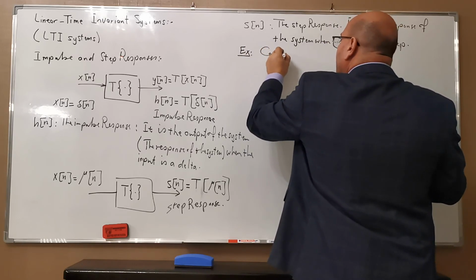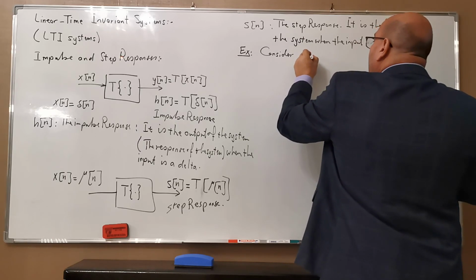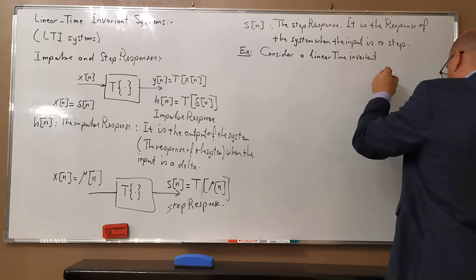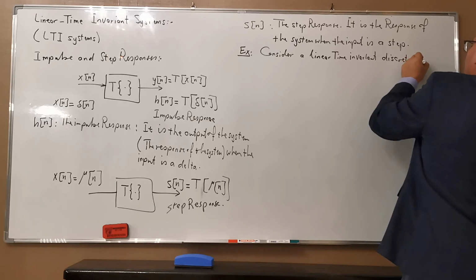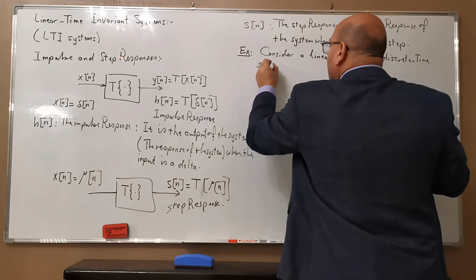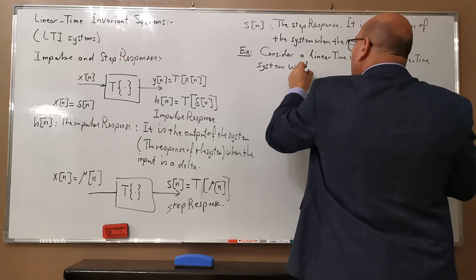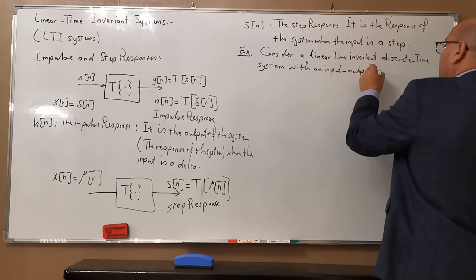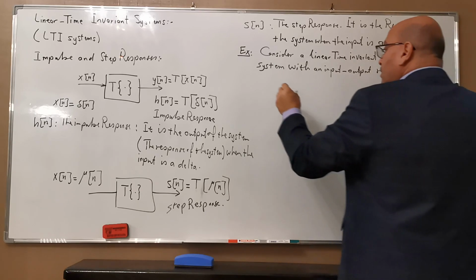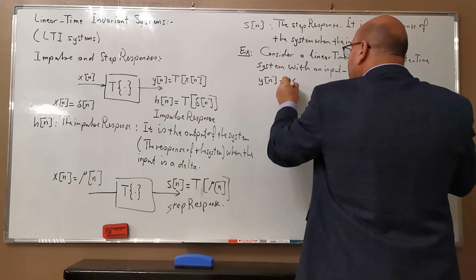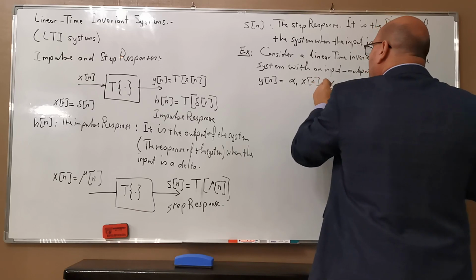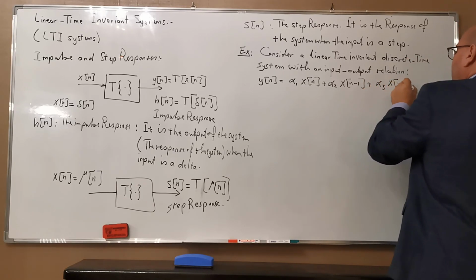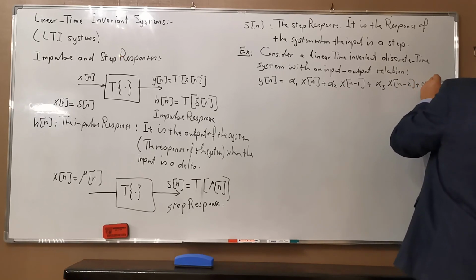Consider a linear time-invariant discrete time system with an input output relation y of n is equal to alpha 1 x of n plus alpha 2 x of n minus 1 plus alpha 3 x of n minus 2 plus alpha 4 x of n minus 3.